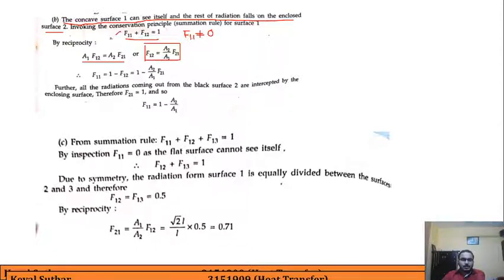Now using this relation again, the value of F11 is equal to 1 minus F12, which is 1 minus A2 by A1 F21. Now further, all the radiation coming out from the black surface 2 is intercepted by the enclosing surface.